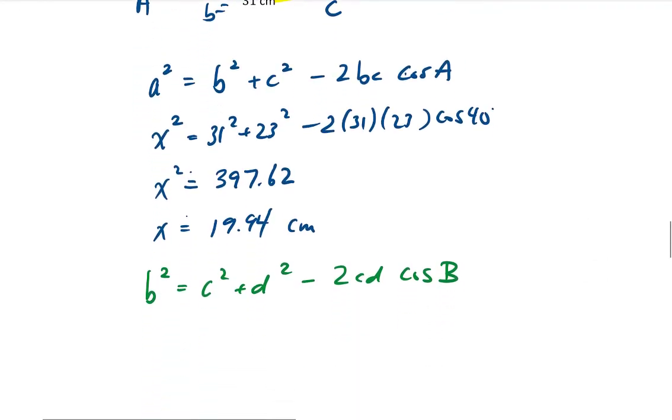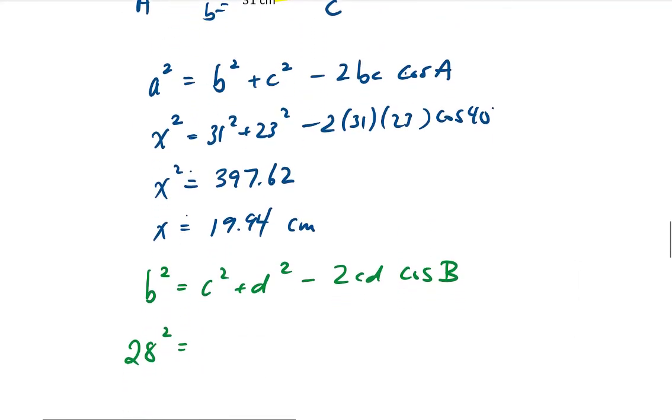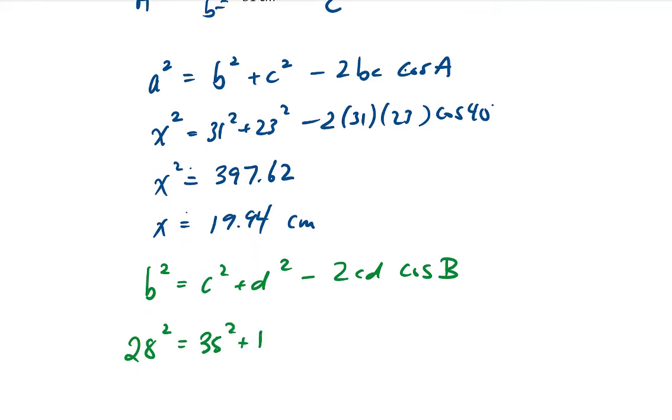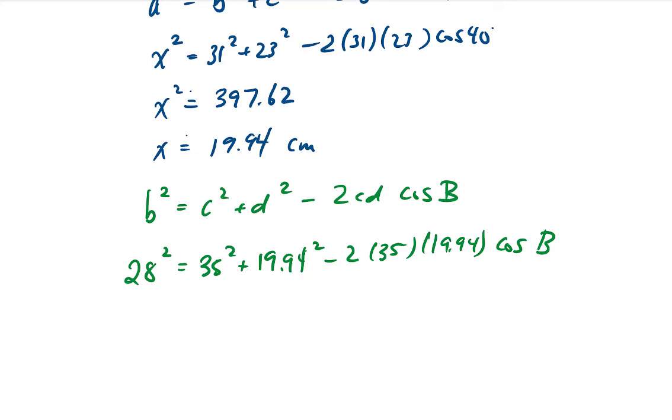Starting with B, that goes on the far left, so that's 28 squared equals C squared, which is 35 squared, plus 19.94 squared, minus 2 times 35 times 19.94 cosine of angle B. So let's figure these out. 28 squared, we get 784, is equal to, remember, we're going to put these two together. So this equals 1,622.6. And then we're going to multiply these three numbers together.